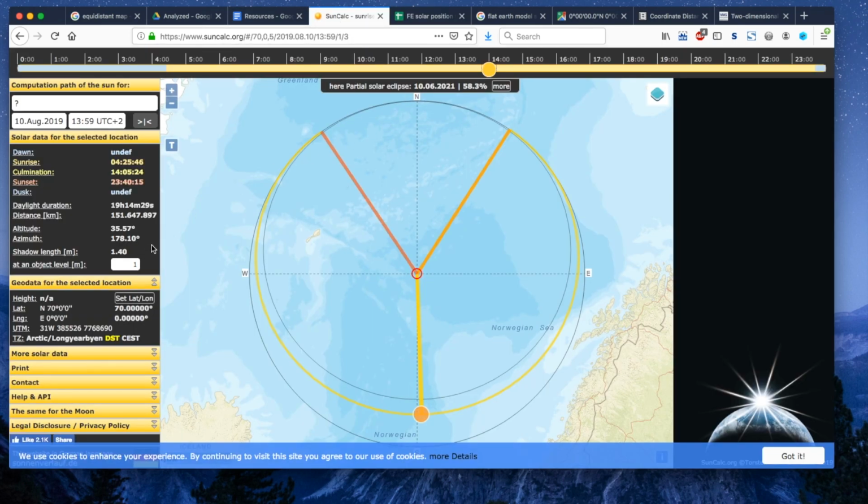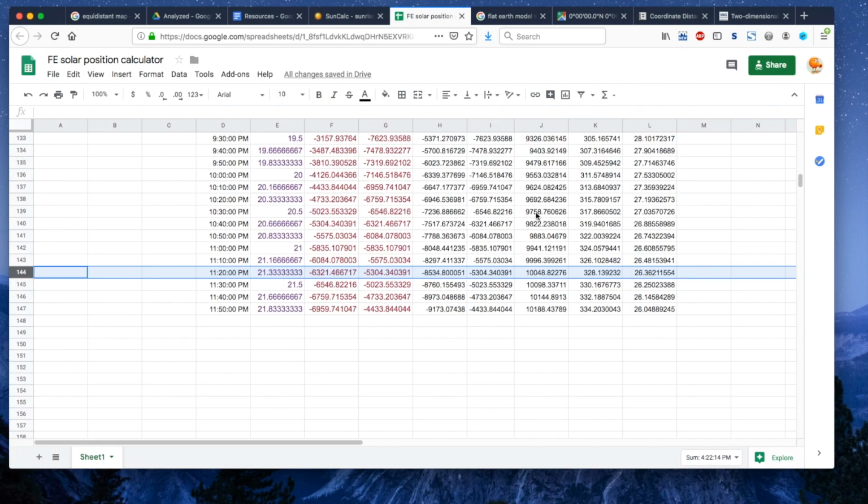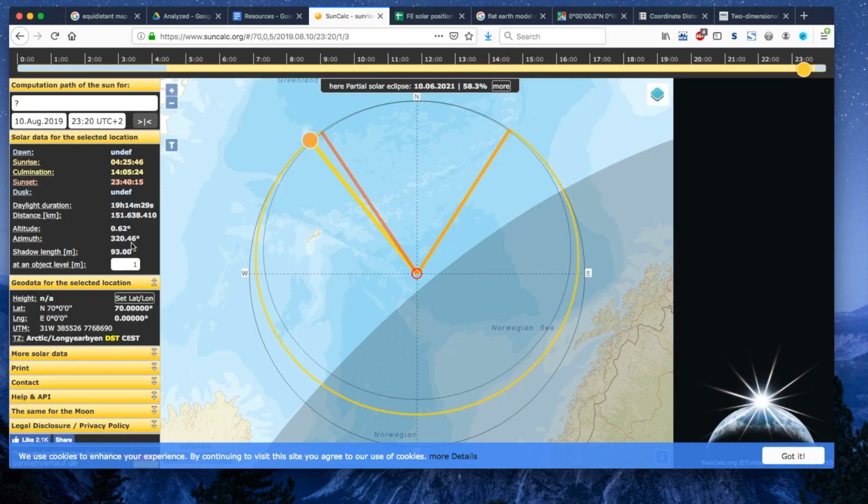But you can see that the azimuth and the altitude really start going off the rails later in the day. So if I pick 11:20 p.m., I've got 26 and 328, and I should have 0.62 and 320.